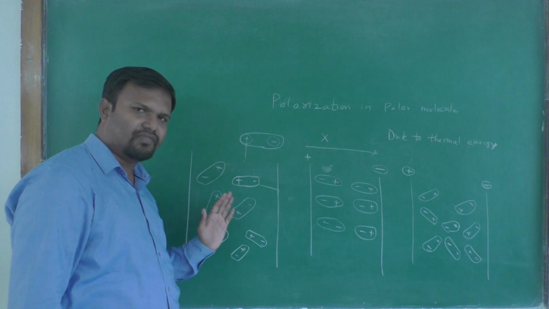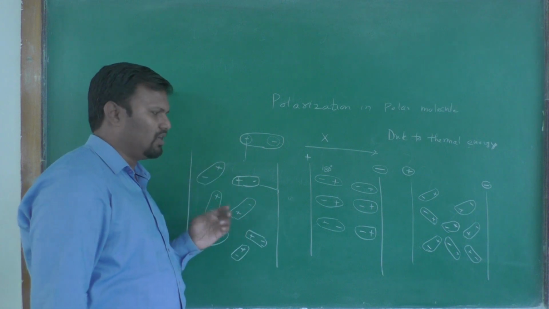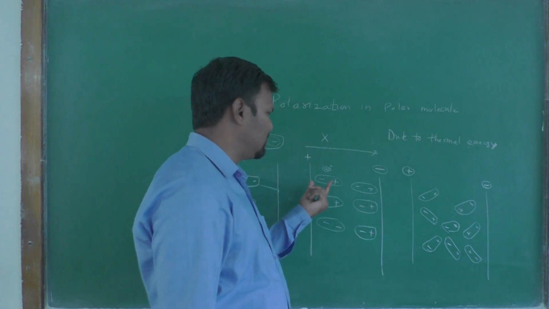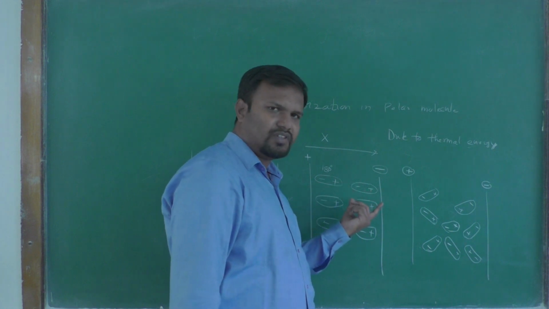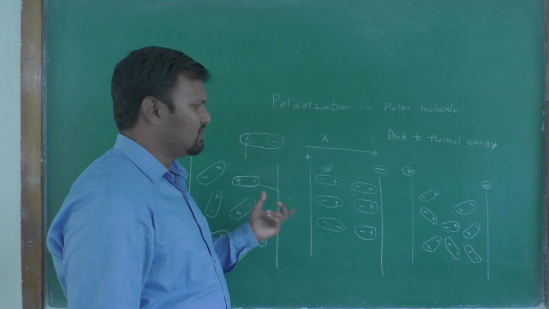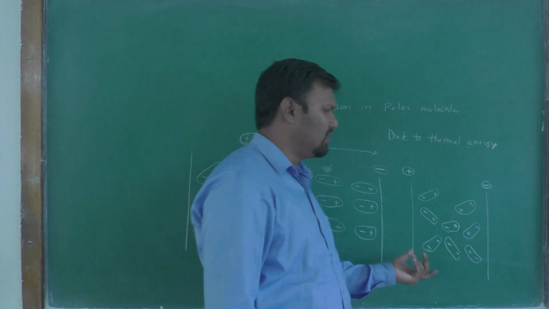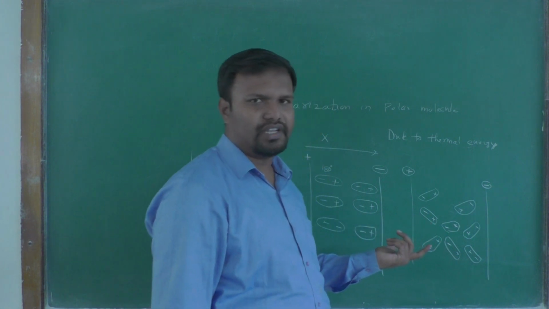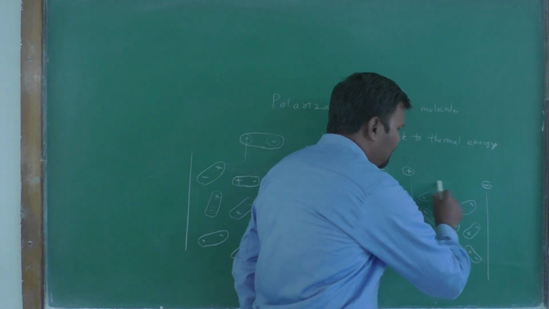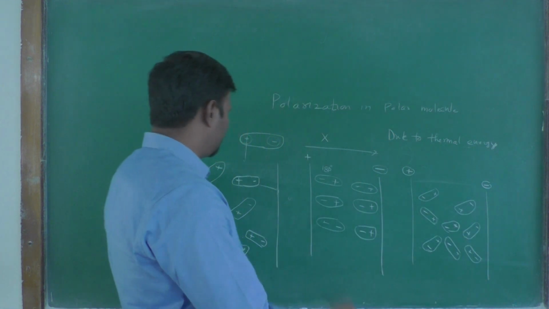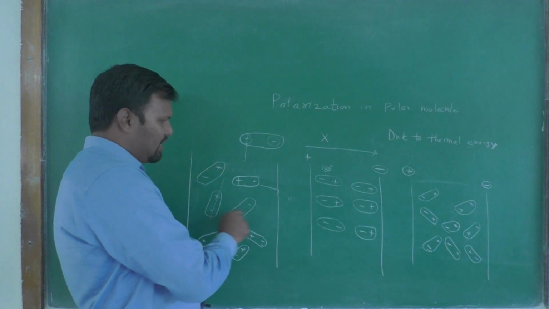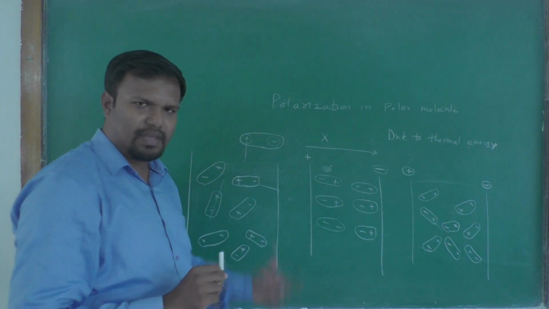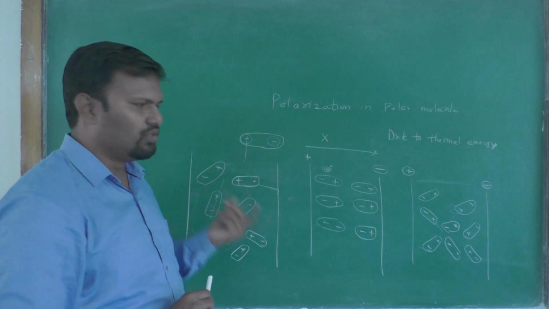Our expectation was that it should remain at 180 degrees to the electric field, but it takes the position in between its original position and the applied field direction. The direction of applied field is at 180 degrees and its original was like that, but it takes the position in between the applied electric field and its original position.